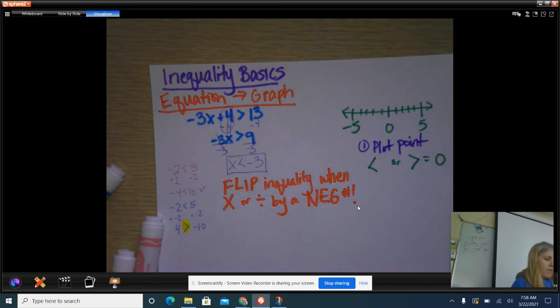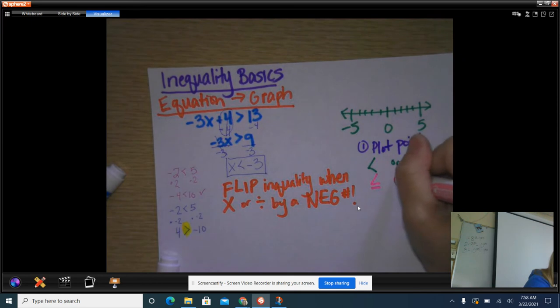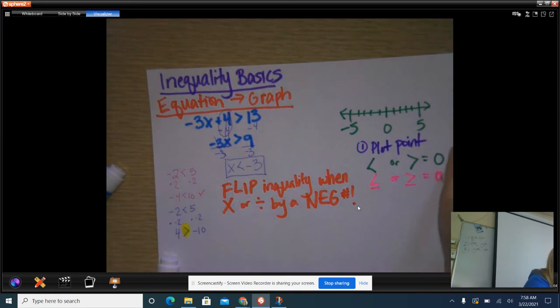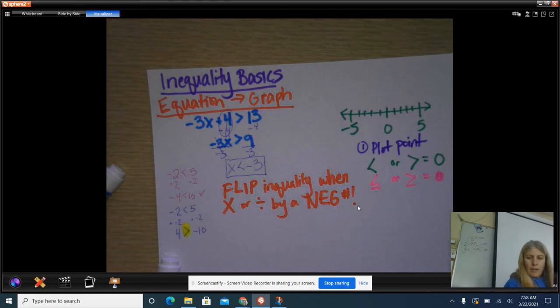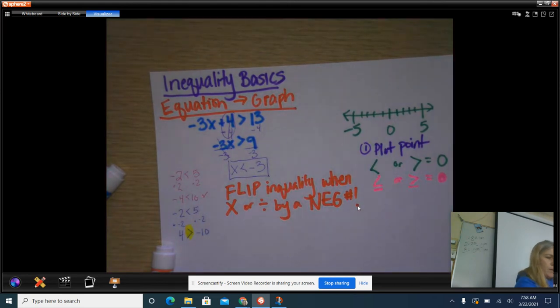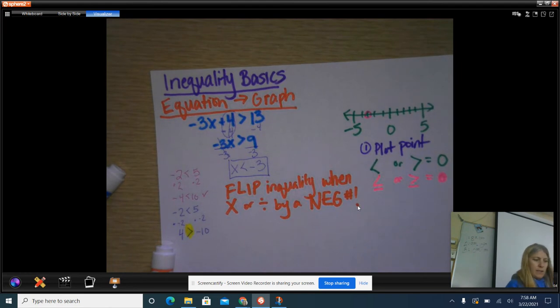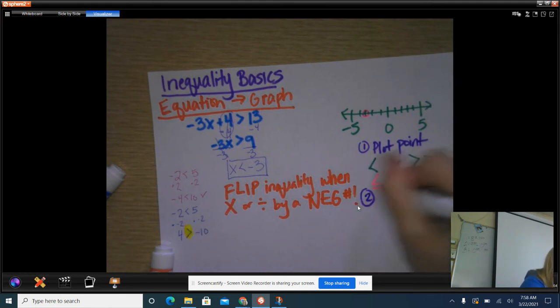However, if you have a less than or equal to or a greater than or equal to, that is going to be plotted as a closed circle. So as you can tell from ours here, we have a less than. So we look at our key, less than tells us to make an open circle at negative 3. Okay, that's step 1. Step number 2 is to shade.